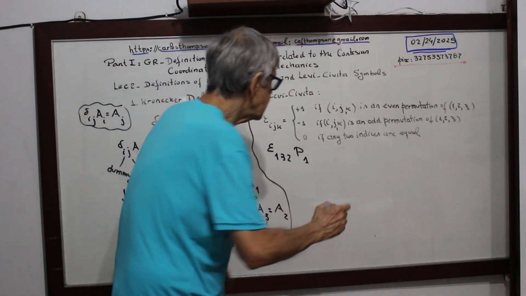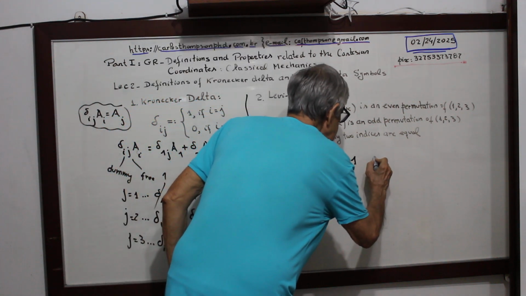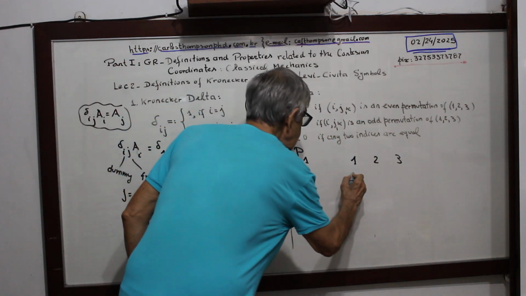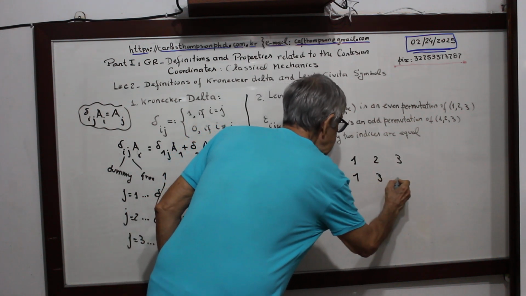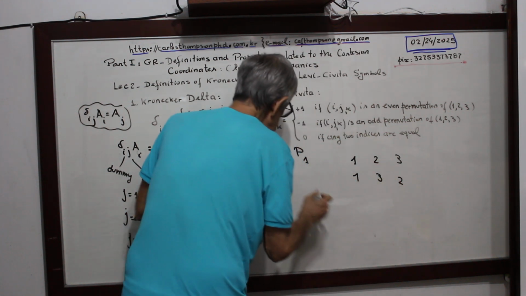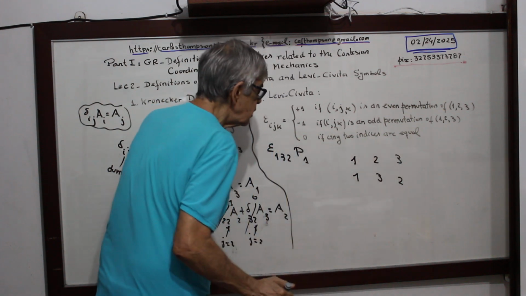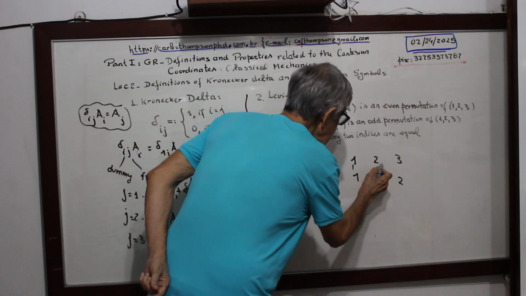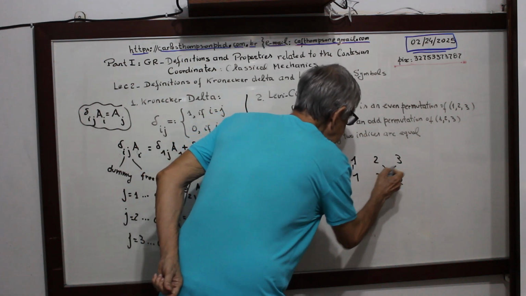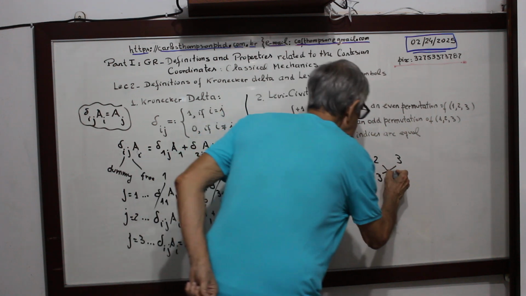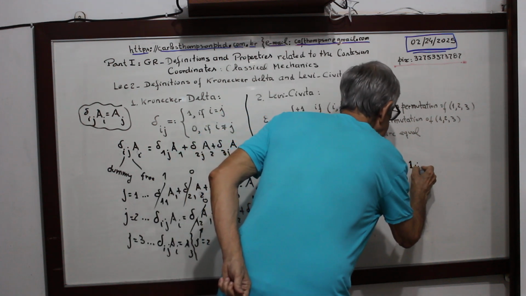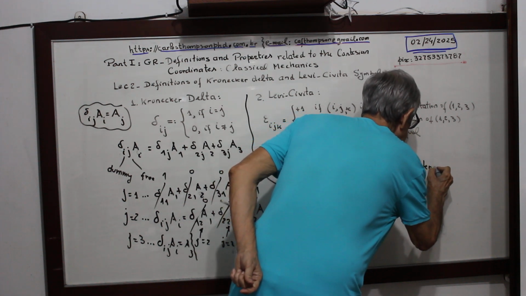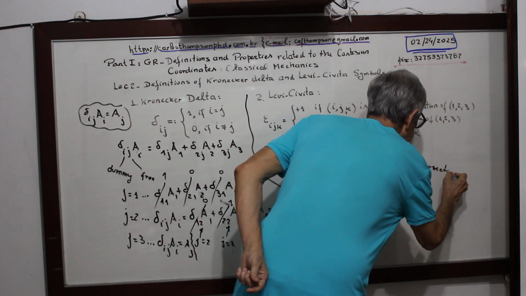Do always like that. You write down here 1, 2, 3. Then here you put 1, 3, 2. See, you repeat this here and put over here. Now you link: 1 is 1, 2 is 2, and 3 is 3. I have one intersection. I said one intersection. See?